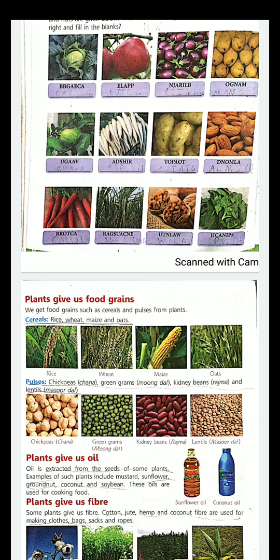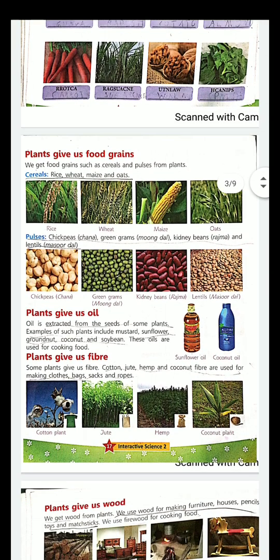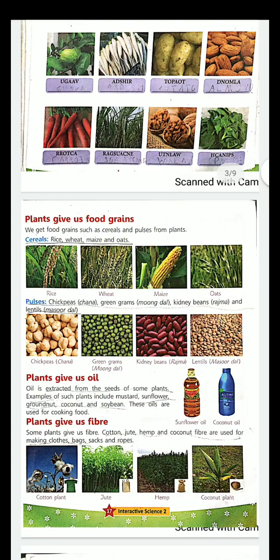The names of the cereals are rice, wheat, maize and oats. It is given in the PDF also, clearly on page 17. Then pulses: chickpea, chana, green gram, moong dal, kidney beans, rajma and lentils. Lentils, that means masoor dal. So these all are examples of cereals and pulses.